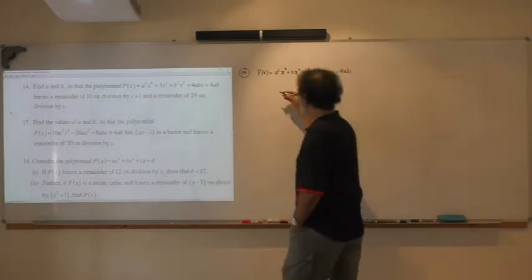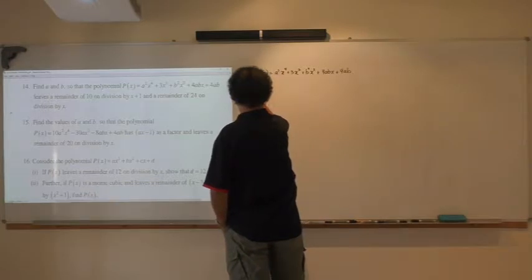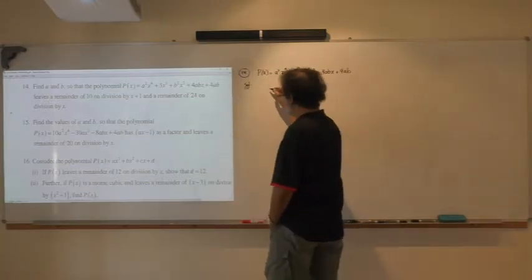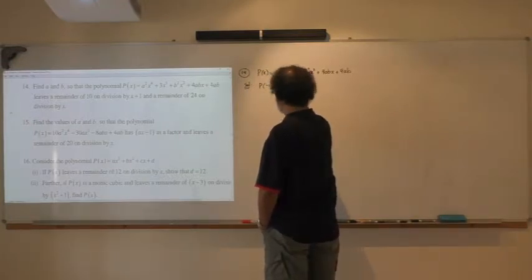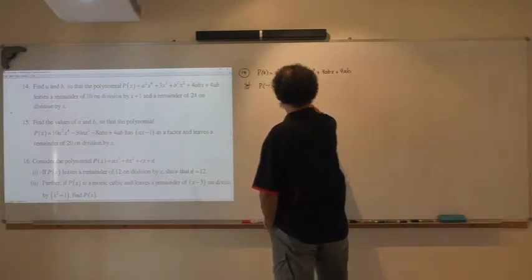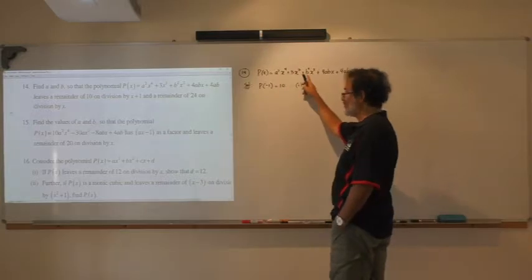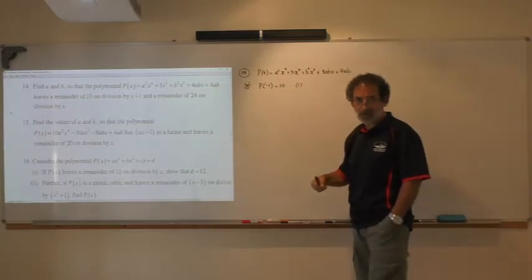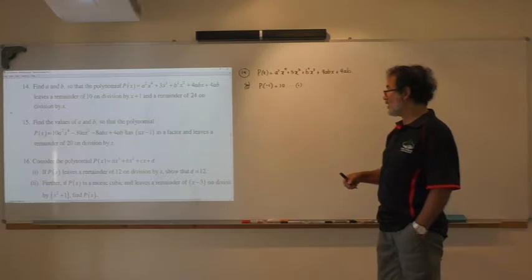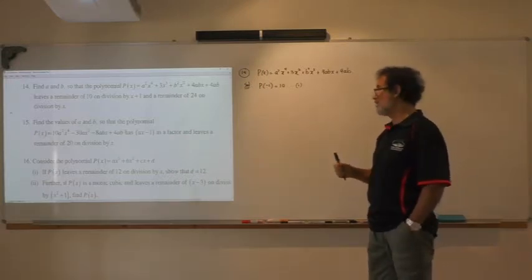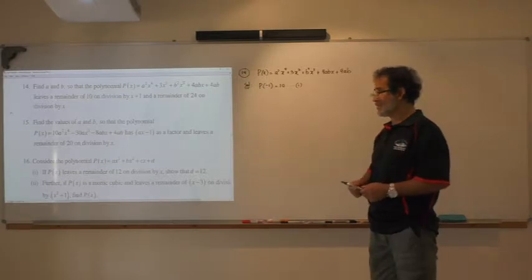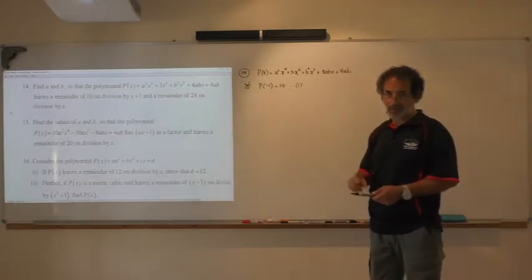Solution: we have that p of negative 1 is equal to 10. That will give us the first equation, because here we have a and b, two unknown coefficients that we have to find. We already know that in cases like this we have to set up simultaneous equations and then find the answer.